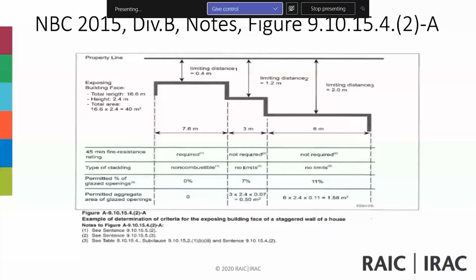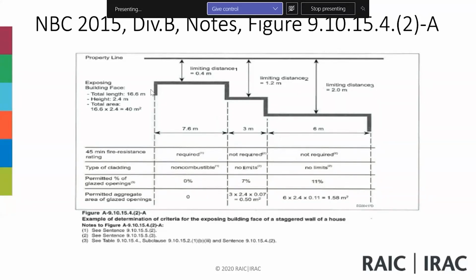When you're looking at estimating, this is 9.10.15.4.2A. So 9.10.15.4 is related to houses. You can look at the house from different sections of the house. They don't need to be fire compartments. You look at each portion of the house and you look at the limiting distance for that.